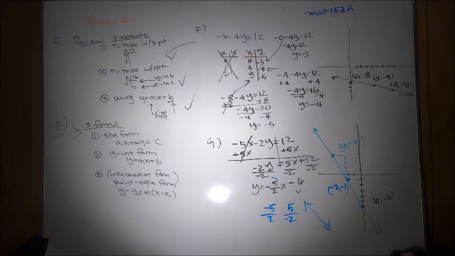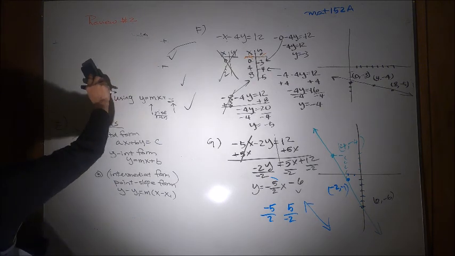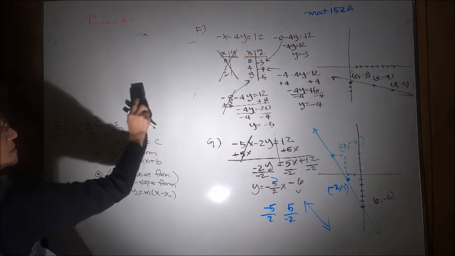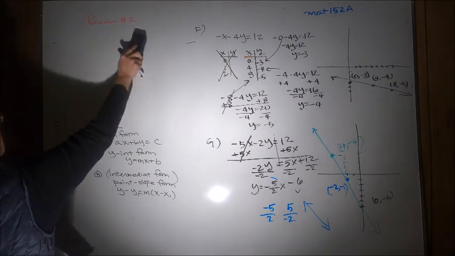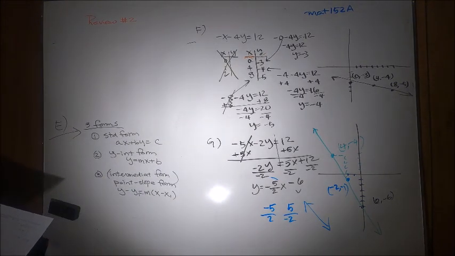Okay? So you will have one of each for your exam. So 3 points or 2 points or slope-intercept form, right? To use that to do it.